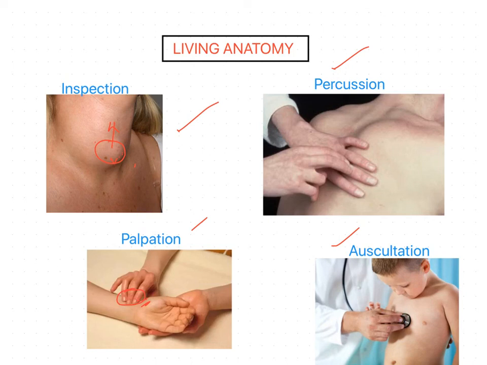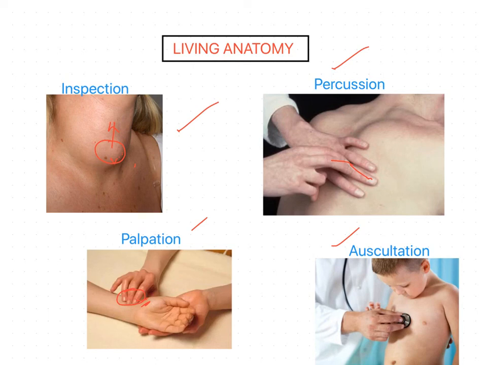near the wrist. Okay, next one is the percussion by tapping the surface of the body part. By tapping the surface of the body part with the middle finger of one hand on the middle finger of the other hand.